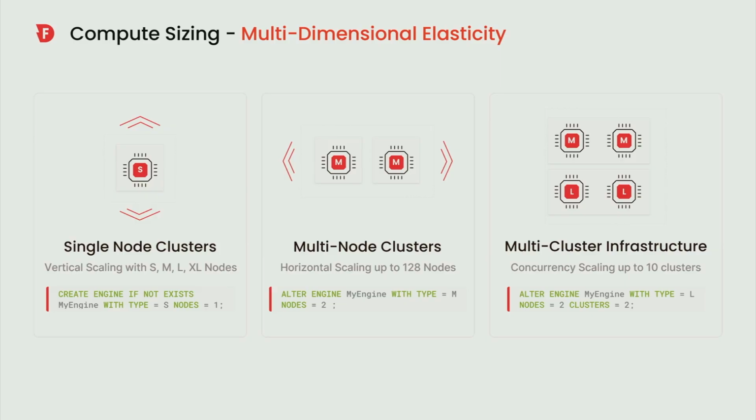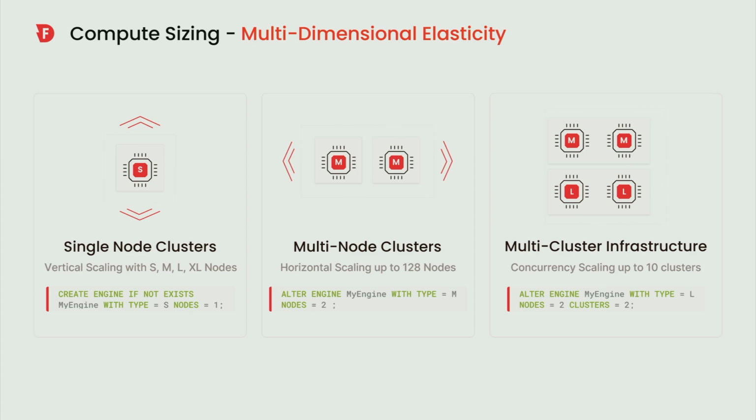The final thing I want to talk about is multidimensional elasticity. And this is what I mentioned about having flexible compute earlier. In Firebolt, you can scale in any dimension you want. You can scale up, so you can go from a small node to an M node, L node, XL node. This will stay on one EC2 instance, for example, in AWS, and just give you more and more CPU cores.